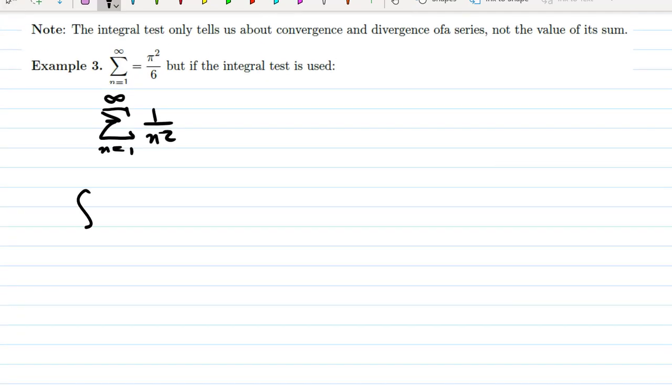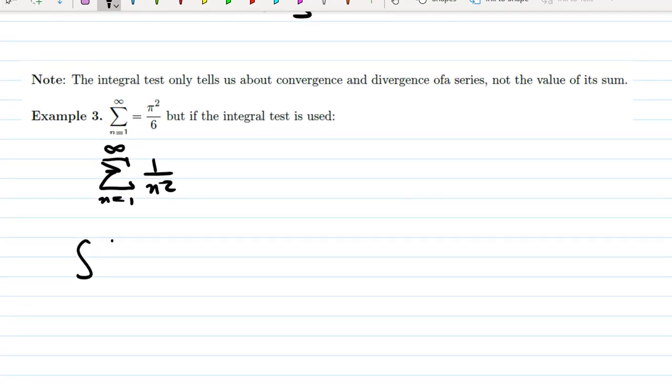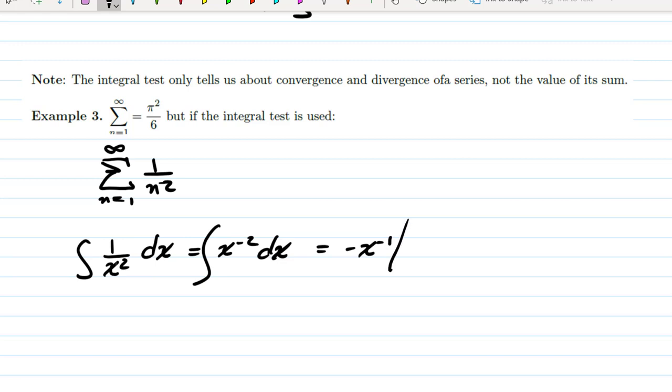So if we apply the integral test to this, we would have the integral of 1 over x squared dx, which is equal to the integral of x to the negative 2 dx, which is negative x to the negative 1, evaluated from 1 to infinity, which is negative 1 over x, evaluated from 1 to infinity.